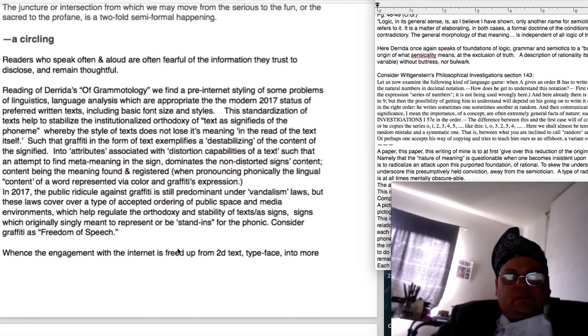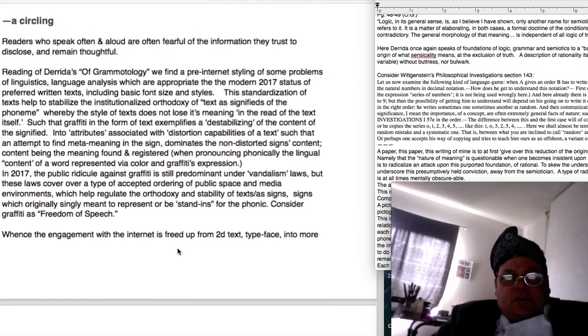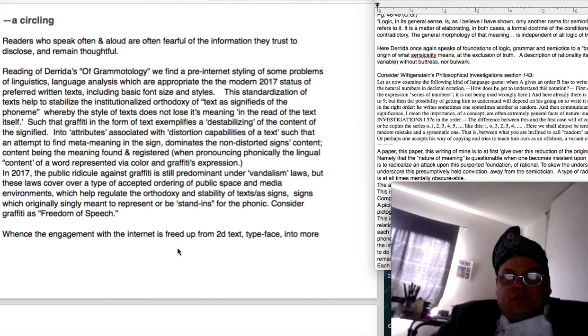Reading Derrida's Of Grammatology, we find a pre-internet styling of some problems of linguistics, language analysis, which are appropriate to the modern 2017 status of preferred written texts, including basic font size and styles.